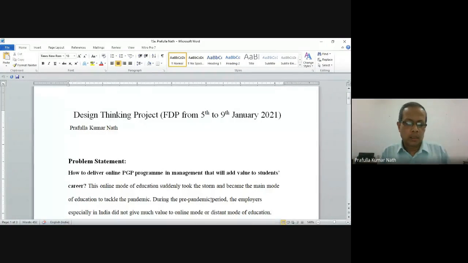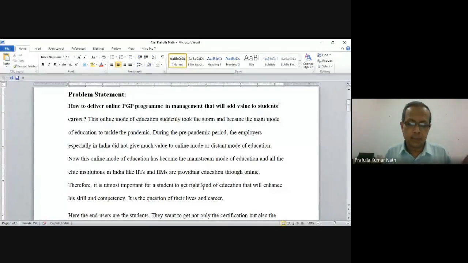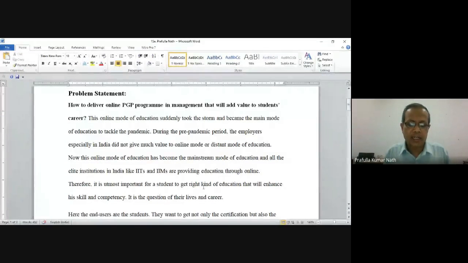Now, what can be the problem of this online mode of PGP in management programs? Firstly, these are basically distance run programs, so distance is the main problem. Many technical glitches arise, and sometimes imparting education through online mode doesn't percolate exactly among the audiences who pay for this. There is also a doubt among them about how it will pay off in the job market.